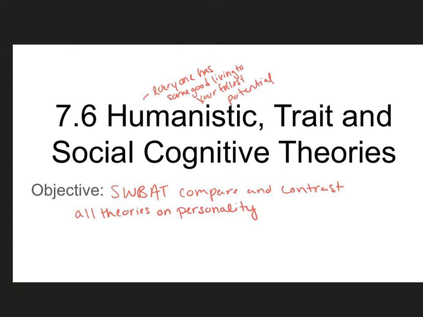And social cognitive is going to be your society. And cognitive is the way that you process information. Trait's going to be new, so we're going to talk about that in a moment.